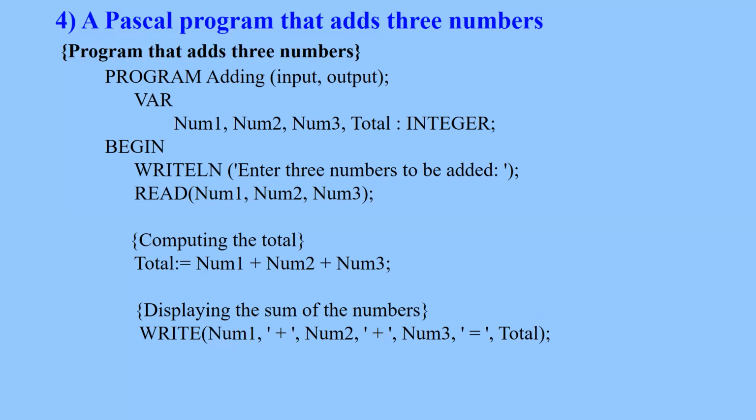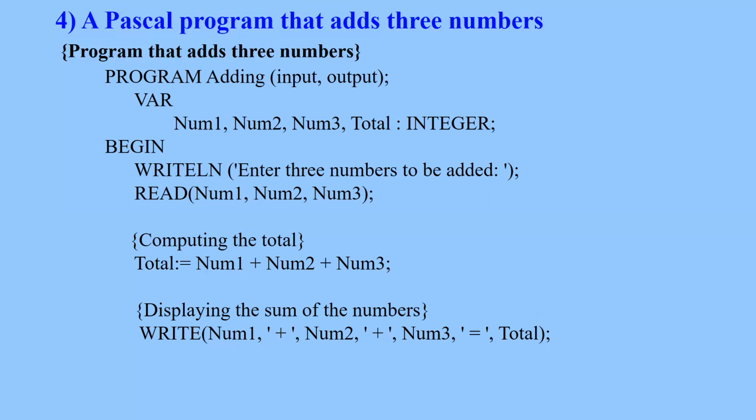So whatever was entered as number 1 is displayed on the screen, followed by an addition sign, followed by what was entered for number 2, then followed by an addition sign, followed by what was entered as number 3, then followed by an equal sign, and what was gotten as total.